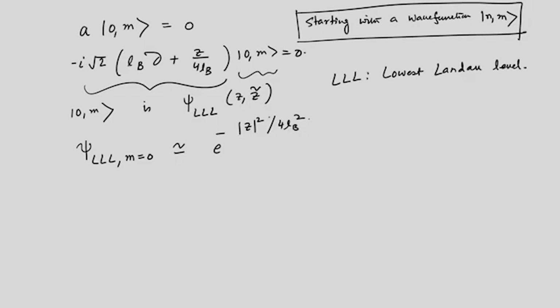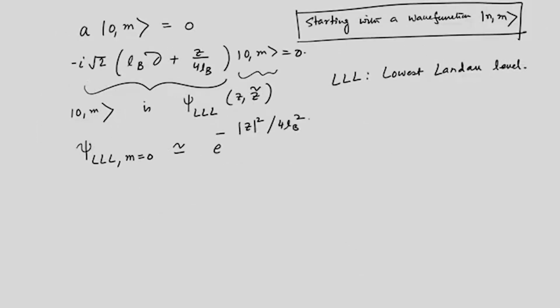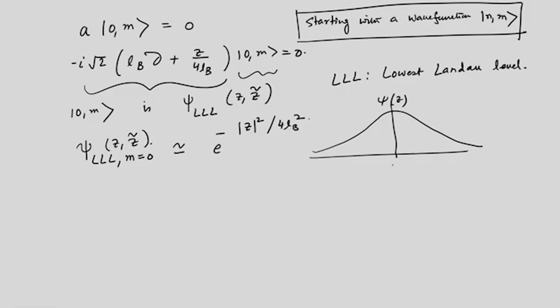LB is what we said earlier, and this is just a Gaussian in the complex plane. So this is psi of z, a function of z and z tilde or z star, at z equal to 0. So this is of the form of a Gaussian.